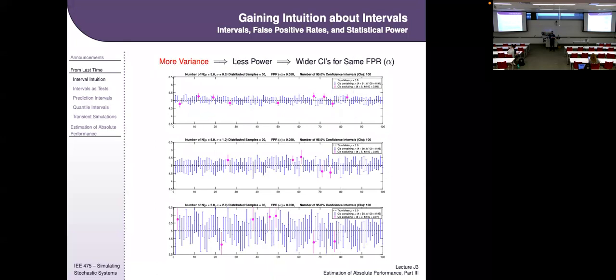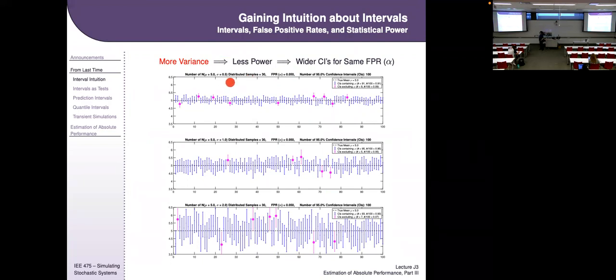Now, on the other side of that, if I have the same number of samples, so here I have 30 samples in all 3 cases here, and I've got the same alpha, 0.05 in all 3 cases. So all of these are 95% confidence intervals. But what I've done here is I've changed the standard deviation of the population. I've changed the variance of the population.